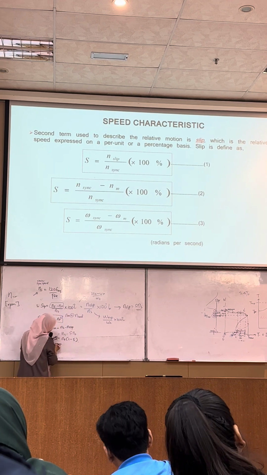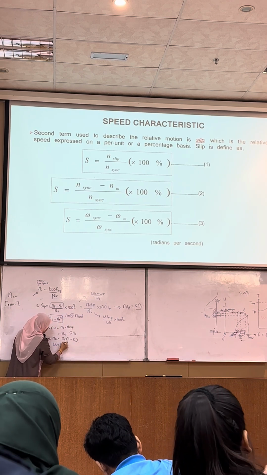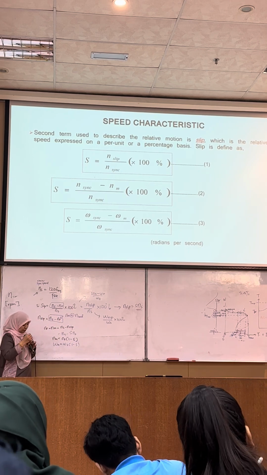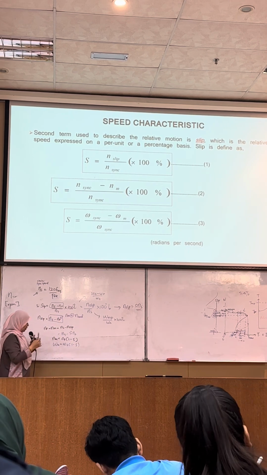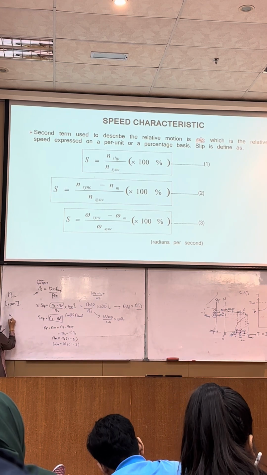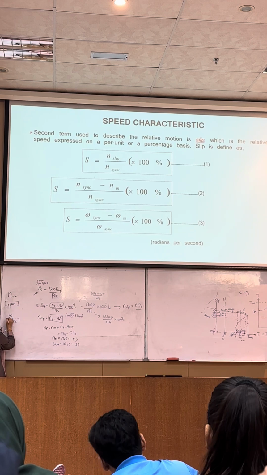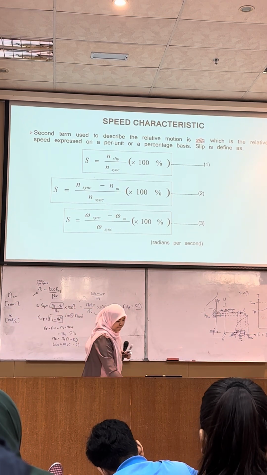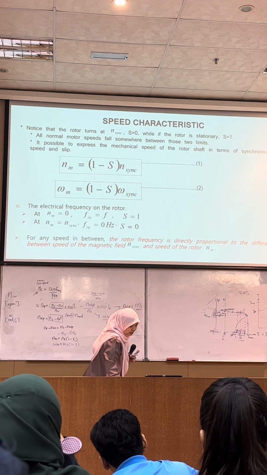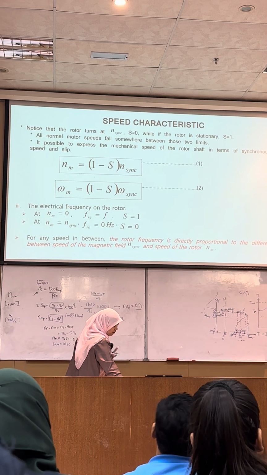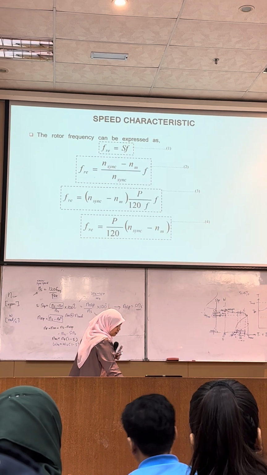Same goes to this one, omega M equals omega S times (1 minus S). Omega is in radian per second. Okay. Next. 1 minus S.